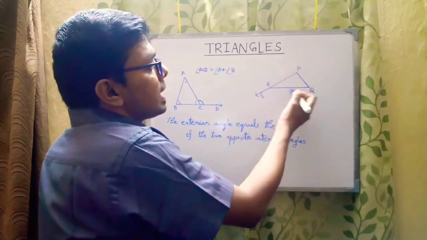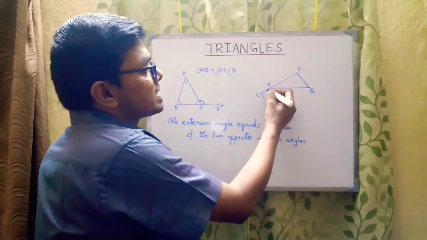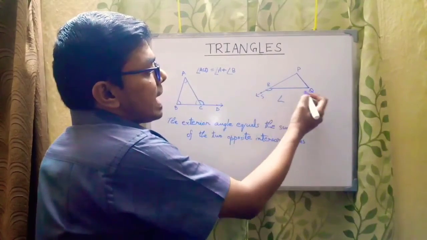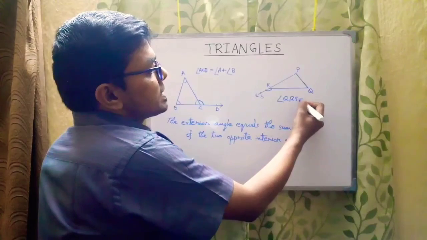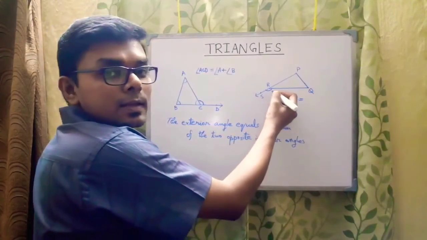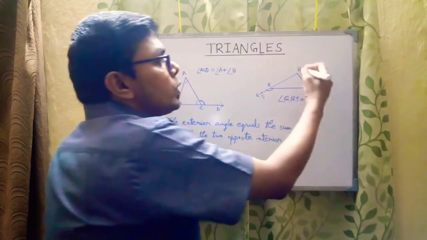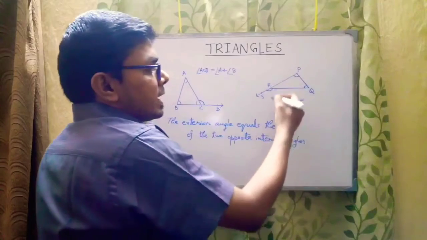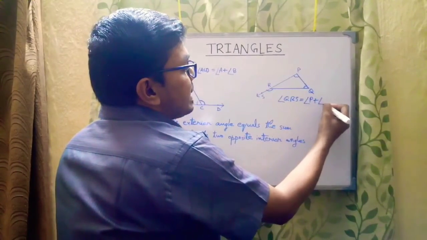In this triangle PRQ, I have produced the side PR to a point S, and the name of this exterior angle will be angle QRS. This exterior angle will be equal to the sum of the opposite 2 interior angles, so that is equal to angle P plus angle Q.